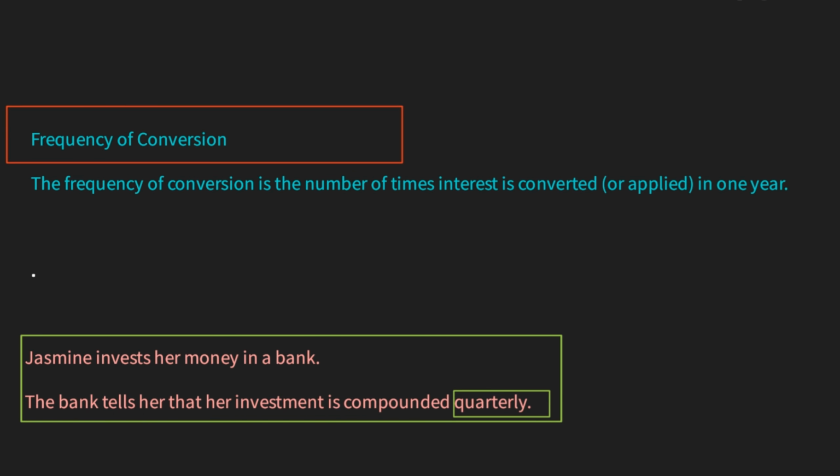The frequency of conversion of Jasmine's investment is 4 times a year.